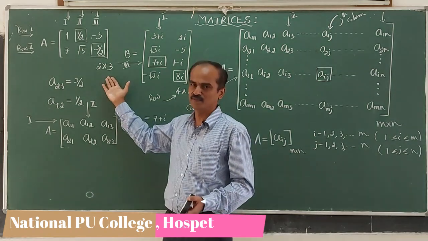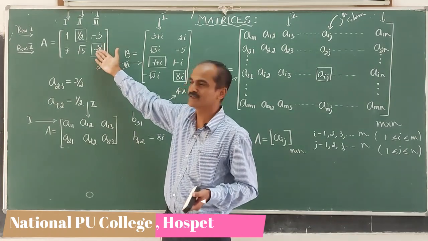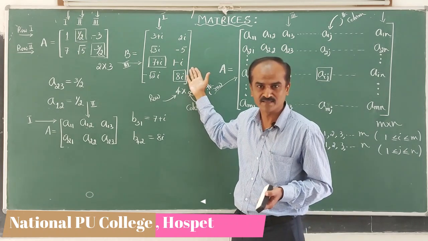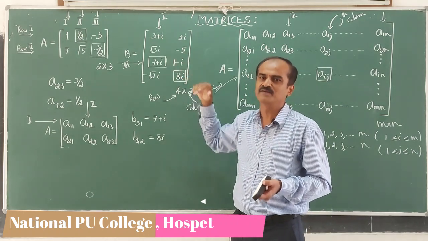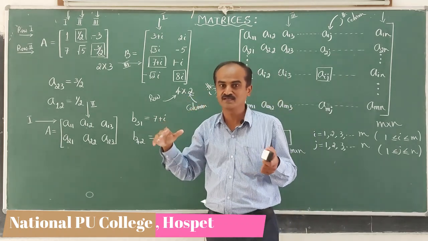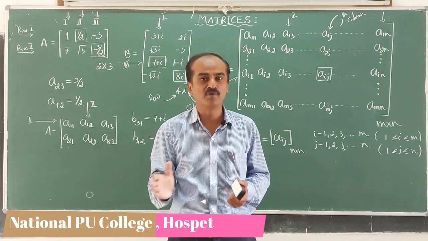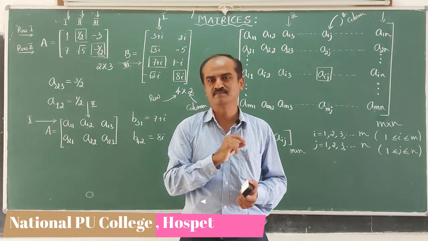As it is a 2 by 3 matrix, 2 into 3 will give us 6. So many elements that matrix will have. That is obvious. This is a 4 by 2 matrix. Multiply those two numbers, 4 into 2, 8. So 8 elements are there. So in this way the logic is, if the order of the matrix is m by n, then the number of elements in that matrix will be equal to m into n.